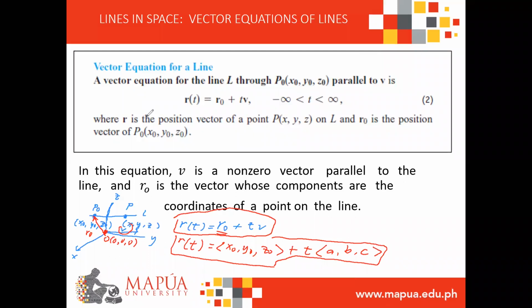By the way, it also says here that r is the position vector of a point P on line L. We obtain that from the origin connecting to point P, and that will be r.